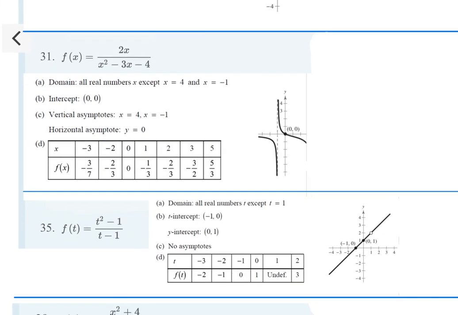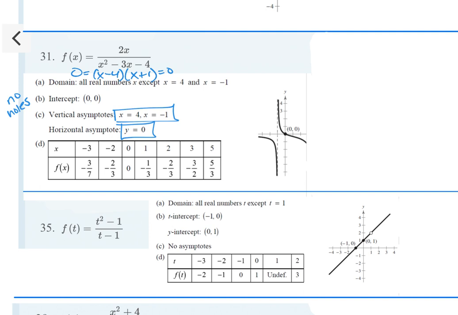31. Okay, so I start by, this time you can factor the denominator. This would be x minus 4 and x plus 1. Still nothing cancels out, so there's still no holes. If you do vertical asymptotes, set these each equal to 0, and you get x equals 4 and x equals negative 1. Exponents, the one in the top is smaller than the one in the bottom, so this is a y equals 0 scenario.